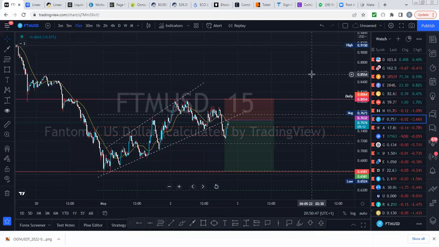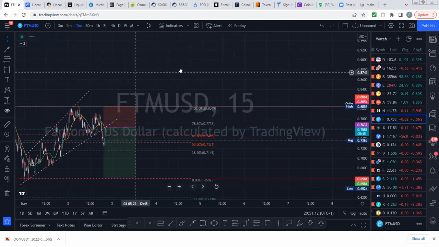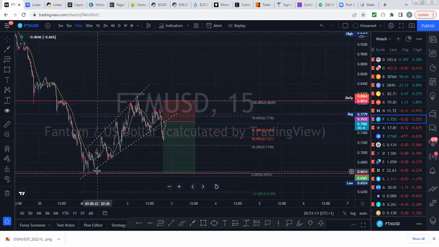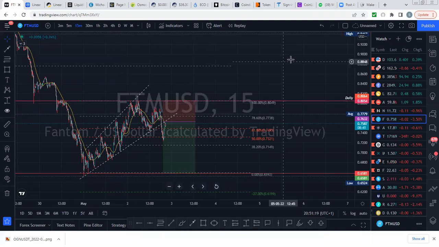For an uptrend, you measure the level of retracement of a move from the low to the high. If you are going uptrend, you measure from low to high.